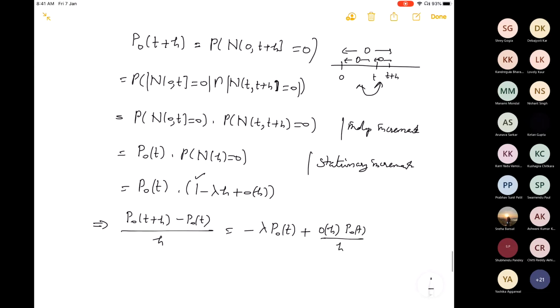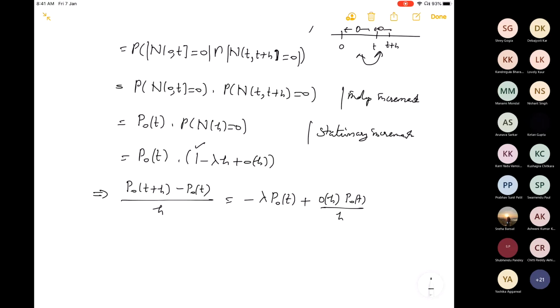Now taking the limit as h goes to 0, this will be minus lambda P naught t, because this is of order small oh. So limit h goes to 0 of oh upon h is 0. So therefore we will get minus lambda P naught t.